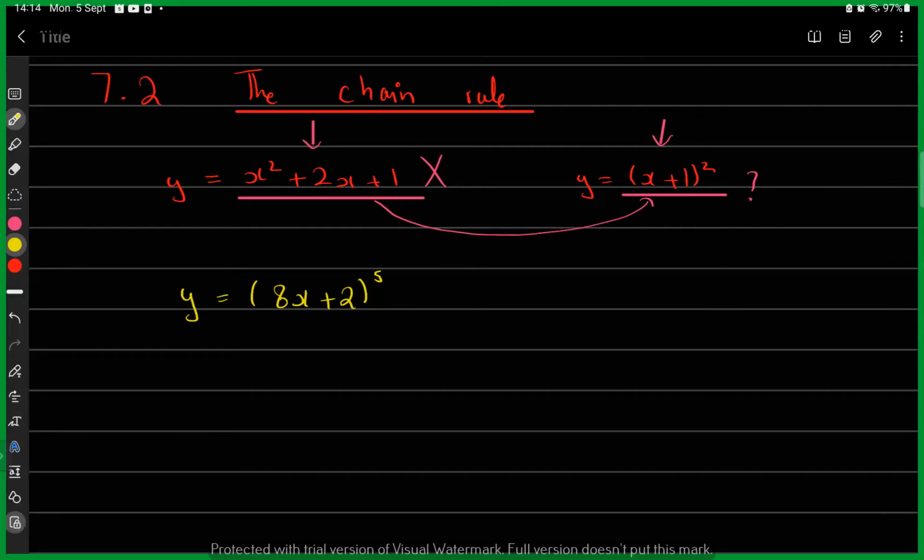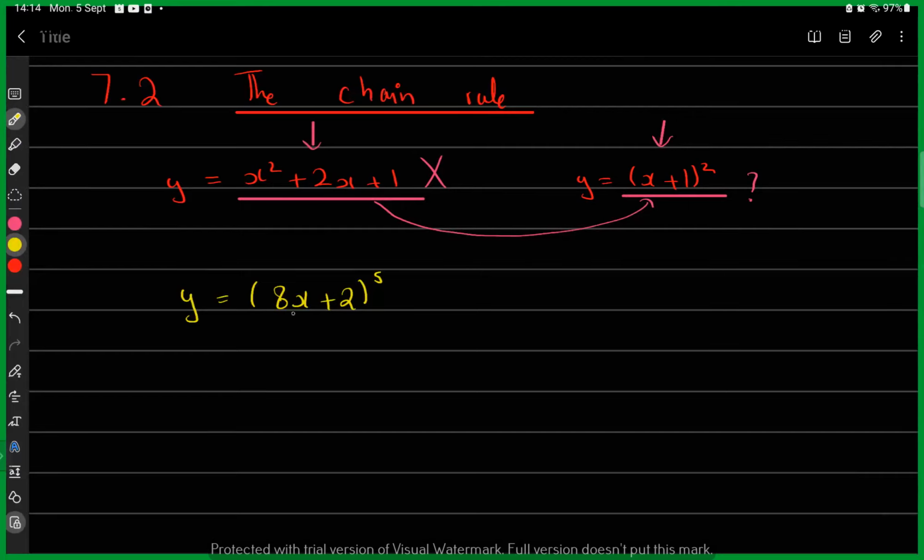Now for the chain rule, what do we do? Just consider the inside part equals some other variable, right? Just hold on for some time, it would get clear. It's equal to u. And now I can assume that it is y equals u power 5.